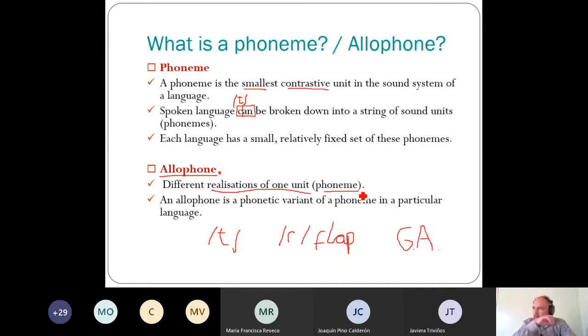For example, if you say puerta and you say puerta, in the second one you are adding plosion. You understand that the properties of the sound are different.